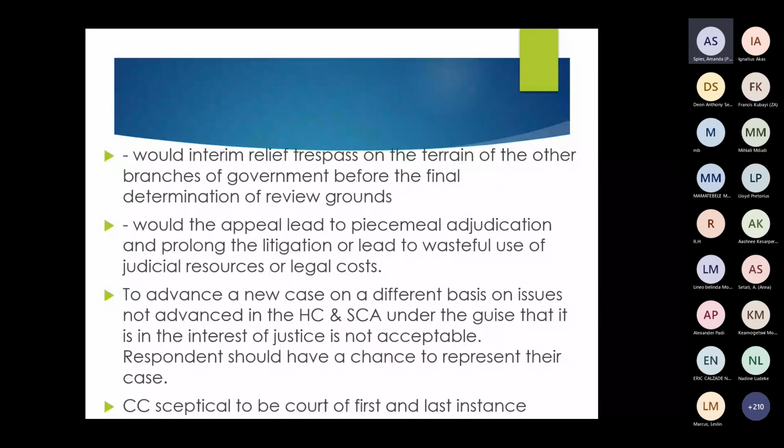To advance a new case on a different basis on issues not advanced in the High Court and Supreme Court of Appeal under the guise that it is in the interest of justice is not acceptable. The respondent should have a chance to represent their case. And as I've mentioned, the court is very skeptical to be a court of first and last instance.